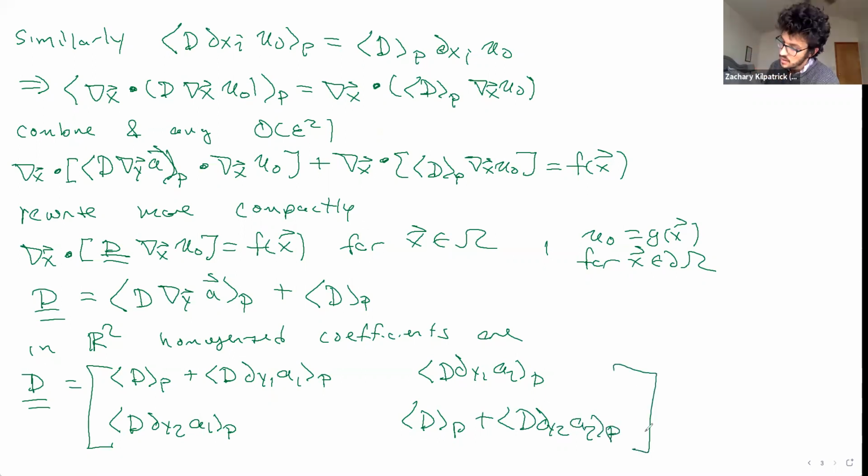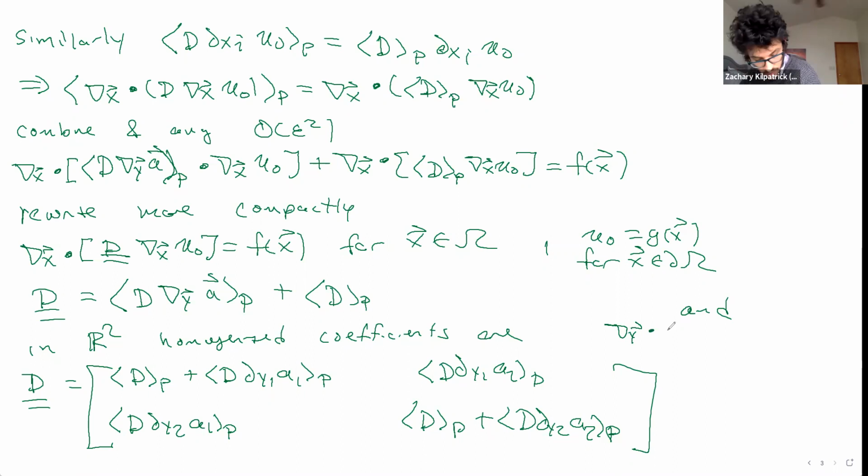Okay. So we have this matrix now. It's a matrix of diffusion, homogenized diffusion coefficients. It's going to multiply through this gradient term here, and then you're going to take the divergence over that. Okay. And I can fit this in here.